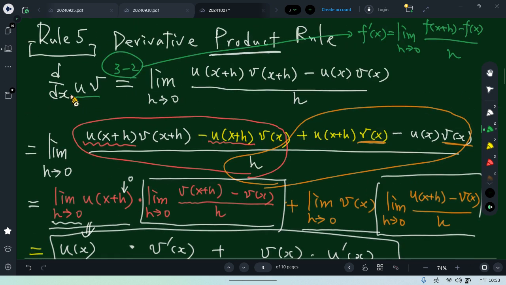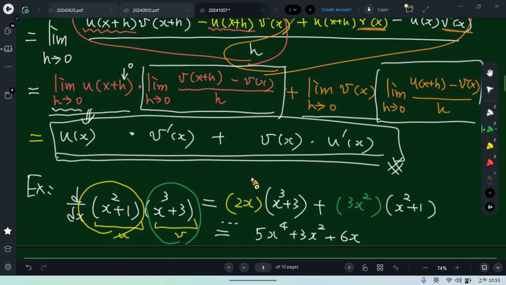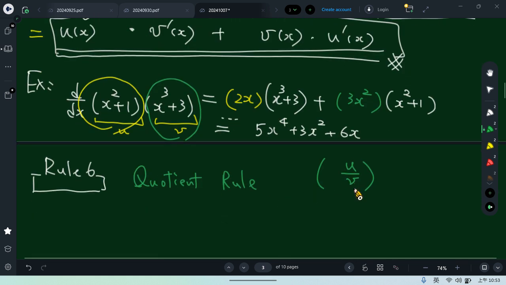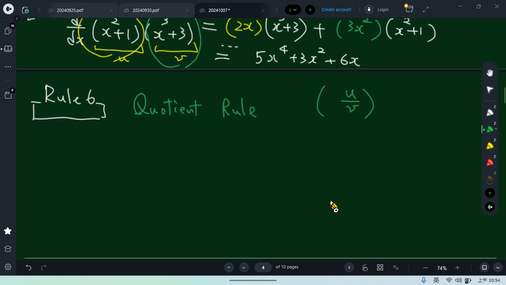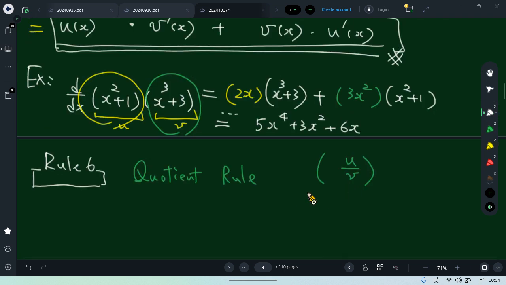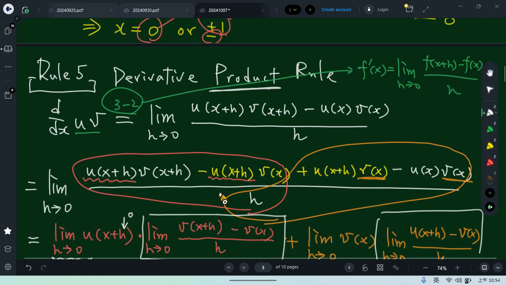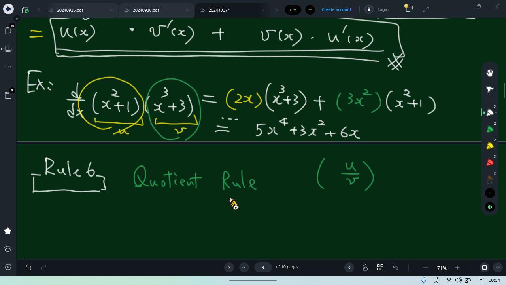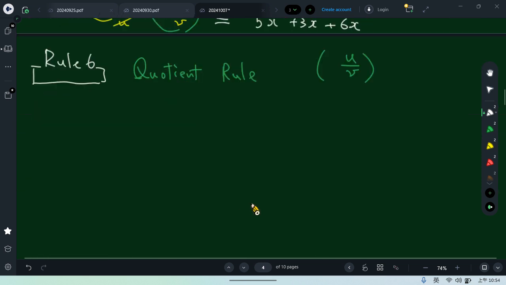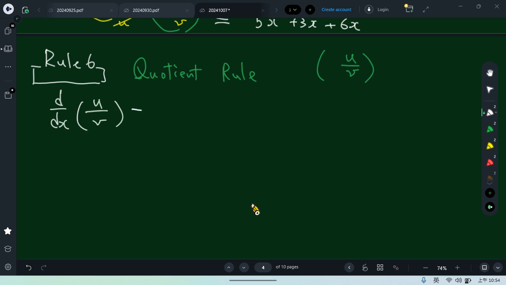For the product rule we encounter the u times v form, but for this one it's about the u over v form. We can also follow the definition to prove it, but since it's a little complicated, I skip the proof. I just hope you can bear the result in your mind.